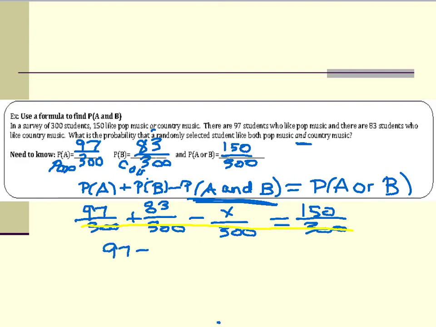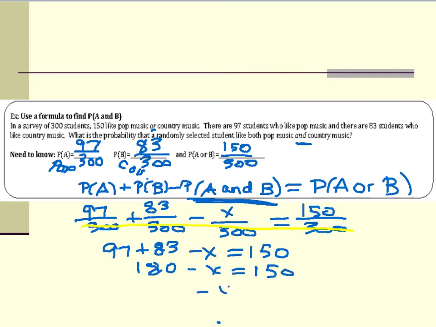So I have 97 plus 83 minus X equals 150. So this is 180 minus X equals 150. So if you subtract 180, you get the opposite of X equals negative 30. So I'm left over with X equals 30.